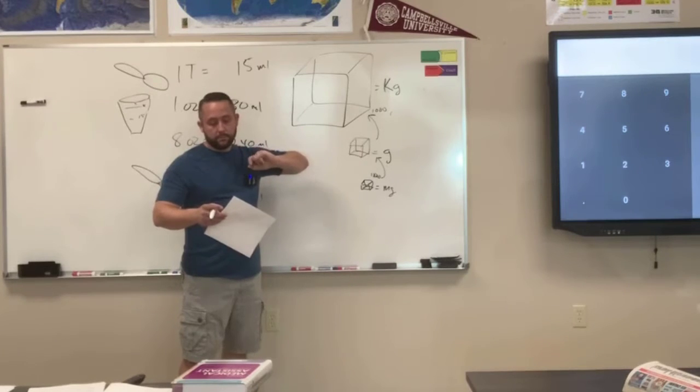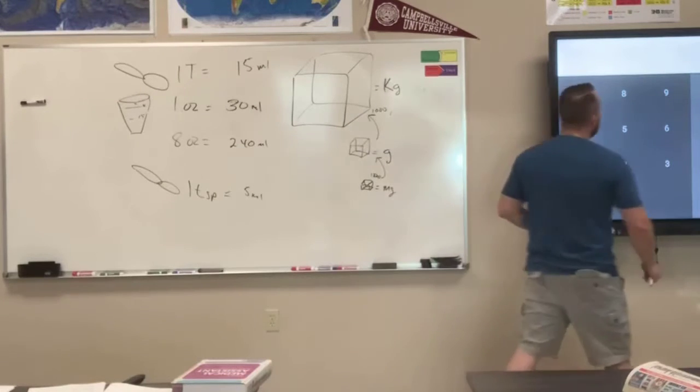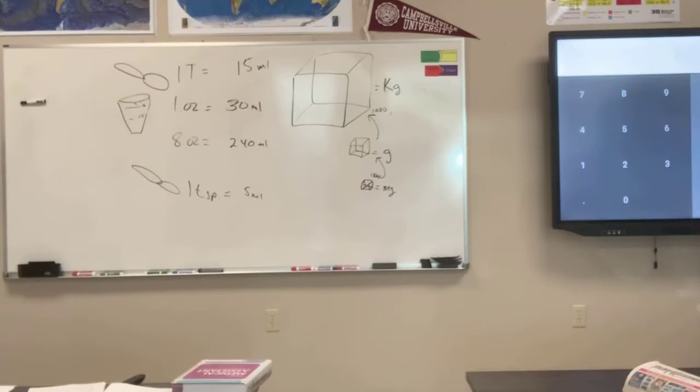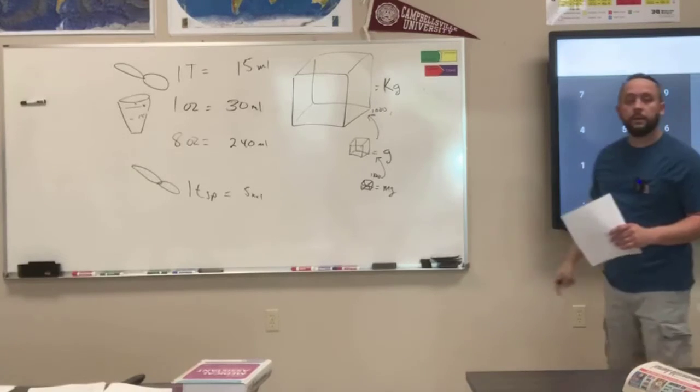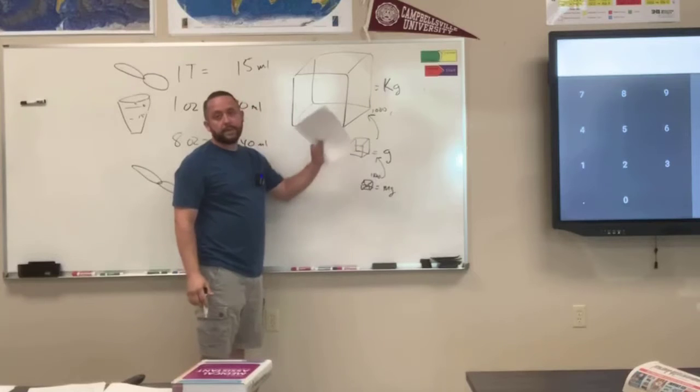I think so. Math is not my strong suit, especially on this stuff. Well, it's not going to get much more difficult than this. Okay. That's actually 1 million. So there's 1 million milligrams in a kilogram.